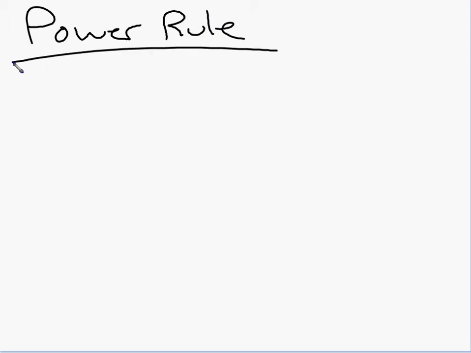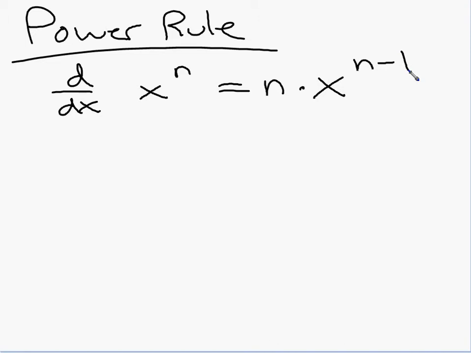Okay, let's get to the big one that we're going to learn today. You've already discovered this one too, the power rule. The power rule says that the derivative of x to the n is equal to n times x to the n minus 1.